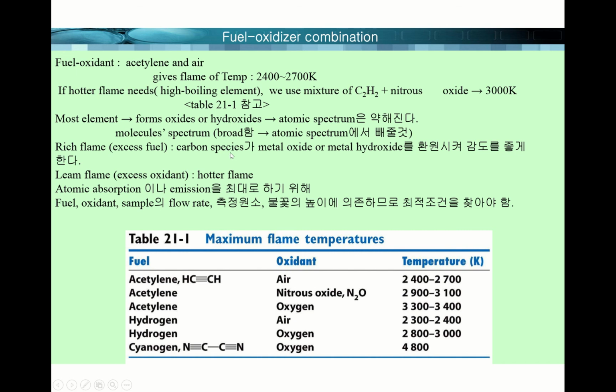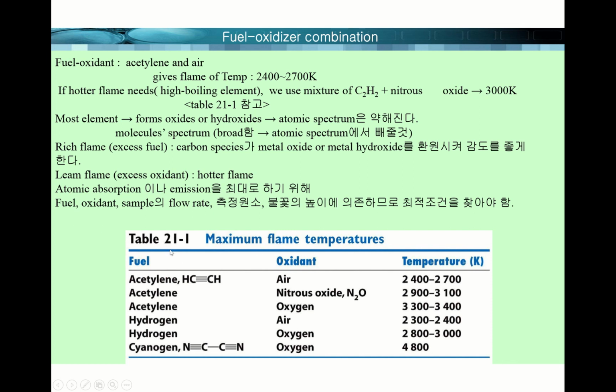In this case, carbon species reduce metal oxide or metal hydroxide, so sensitivity will be increased. Lean flame means excess oxidant, which makes a hotter flame. So if you want to make a hotter flame, you need a lean flame.